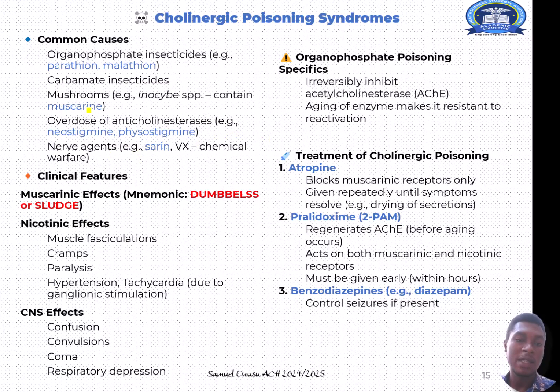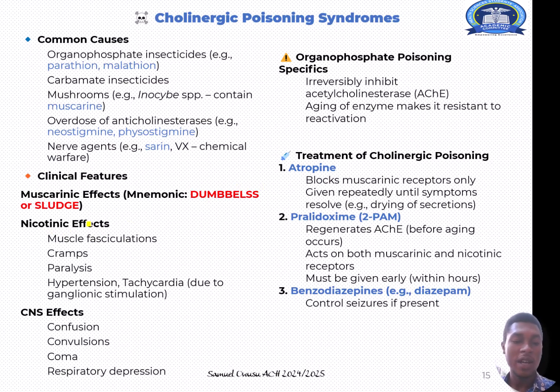Nerve gases are also like that. So in summary, we said that when you have enhanced muscarinic effect, you remember that with what, DUMBBELS: diarrhea, urination, miosis, bronchoconstriction, bradycardia, emesis, lacrimation, salivation, and what, sweating.